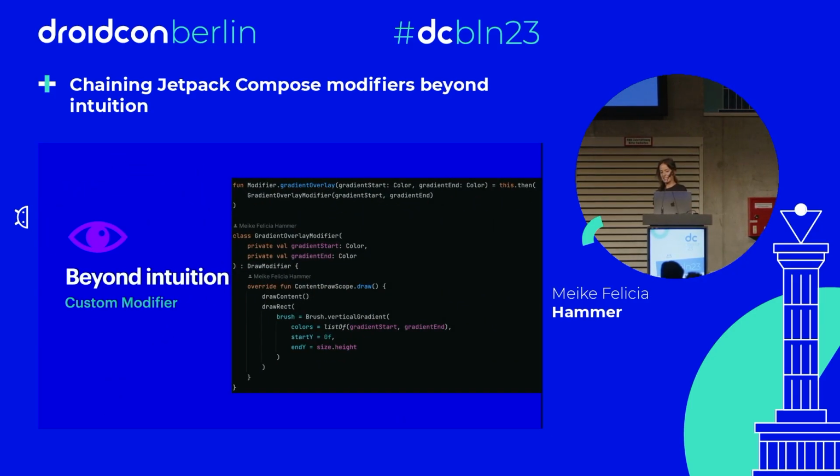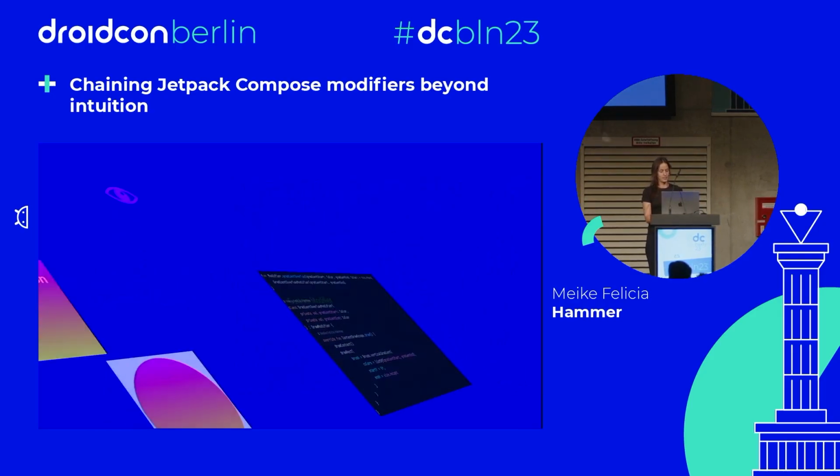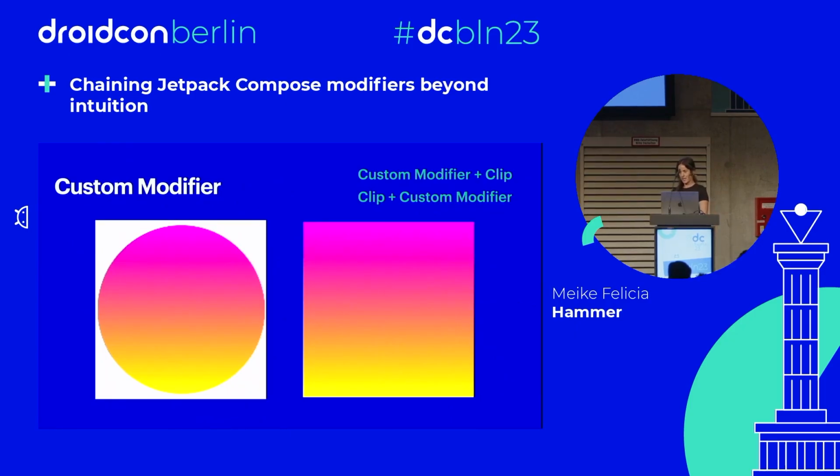Another example for that: I wrote a little gradient modifier, even though it's not really necessary. Just imagine you have a gradient modifier or some other cool thing you custom wrote. That thing resides in the drawing phase because it's a graphics modifier, and it just takes some color from start to end, and draws from top to bottom because it's a vertical modifier.